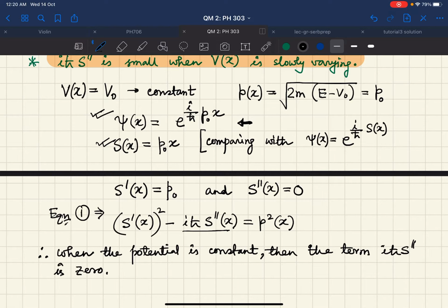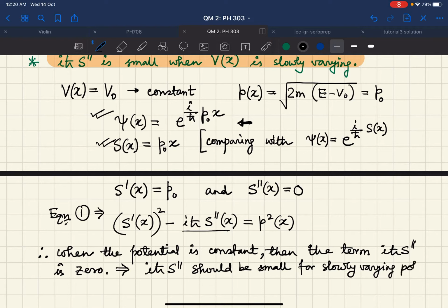Therefore, it can be claimed that this term iħS'' should be small for slowly varying V(x). This implies iħS'' should be small for slowly varying potentials V of x.